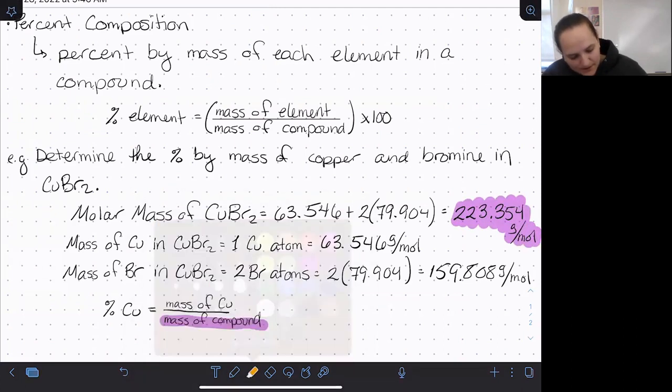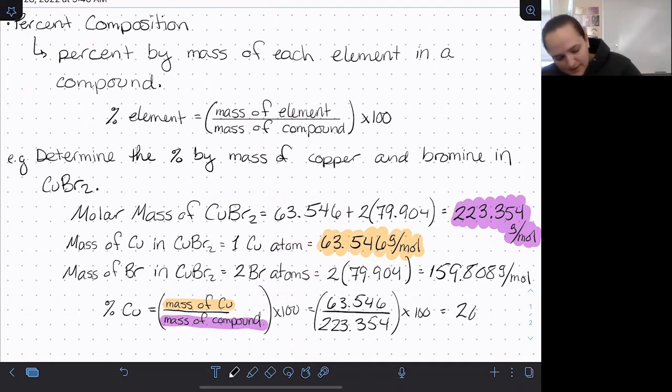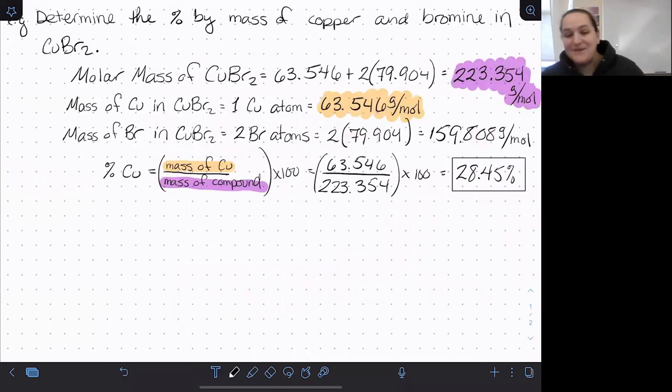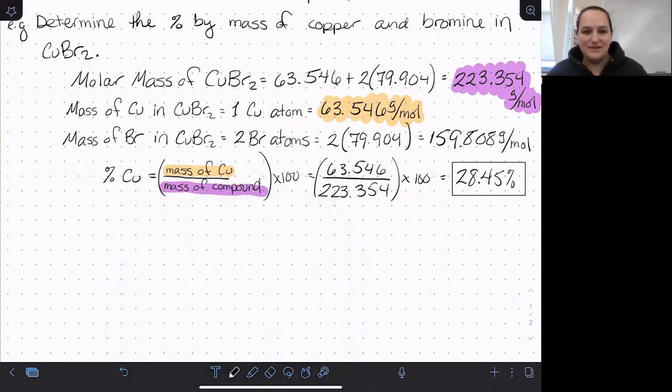The mass of copper in our compound was right here, and then we'll need to multiply by 100 to put that into percent. So we'll have 63.546 divided by 223.354 times 100 gets us about 28.45% copper, by mass.